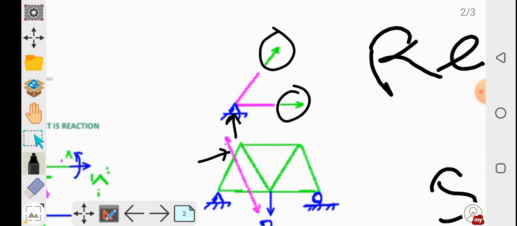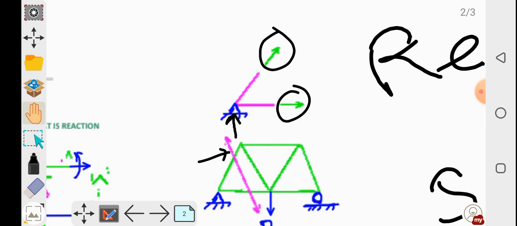So there will be only one internal reaction, in the form of axial force. If our external action in a truss member is compression, then our internal, counterbalancing reaction will be tension. If our external action is tension, our internal reaction will be compression, just the reverse of that.